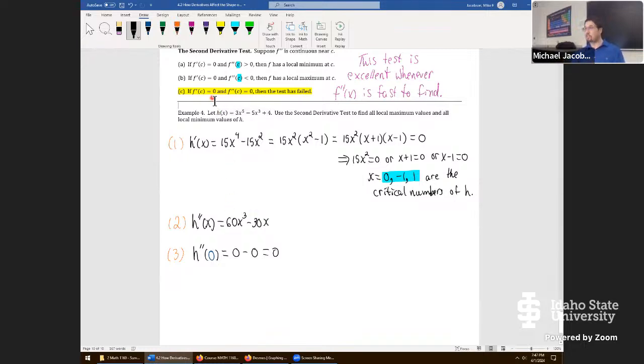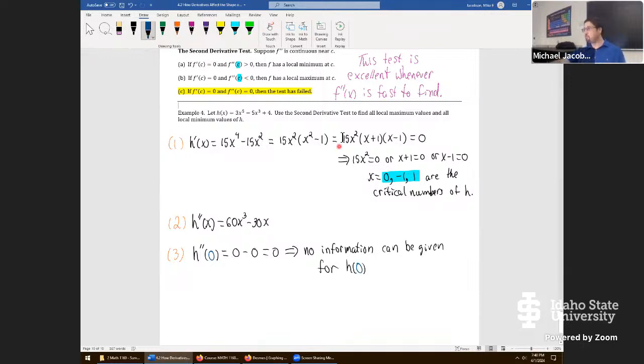We had a derivative equaling 0 right here, which means the test has failed. I'll put here that this implies no information can be given for H at 0. We have no idea.